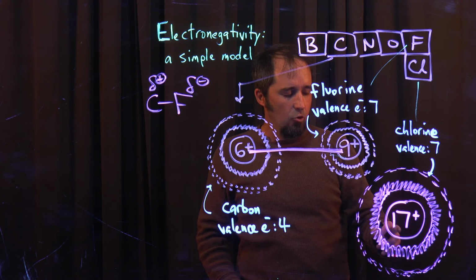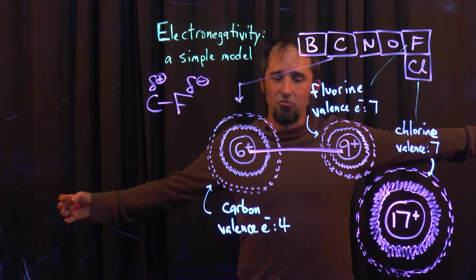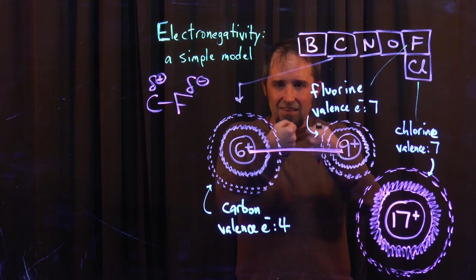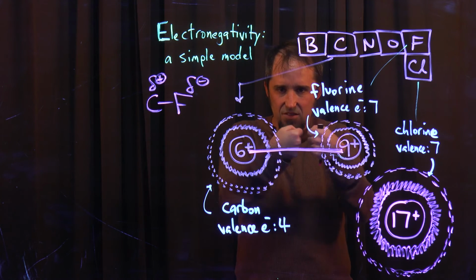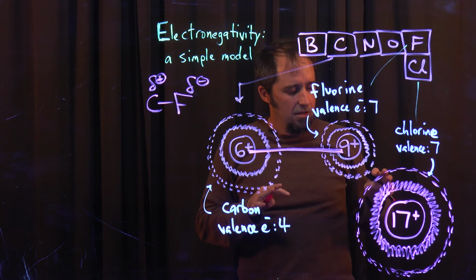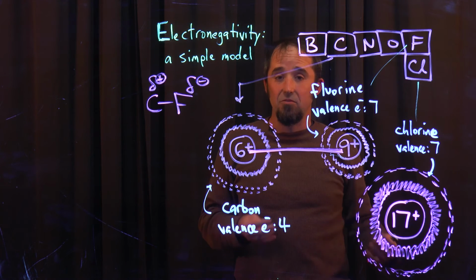So this is a greater charge, but the electrons it's trying to pull on are much further away, right? And as you know, if you think about magnets, magnets close to each other exert a greater force on each other than magnets far away. That's just fridge math. So again, both of these things have 7 valence electrons.